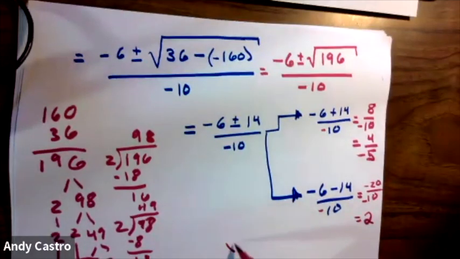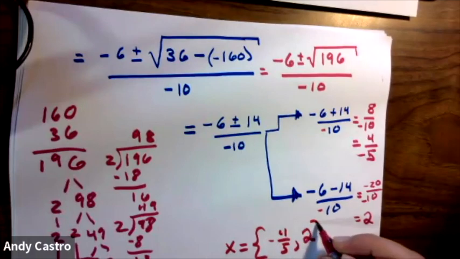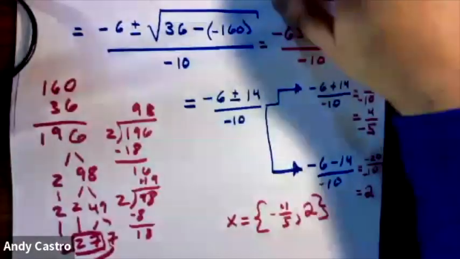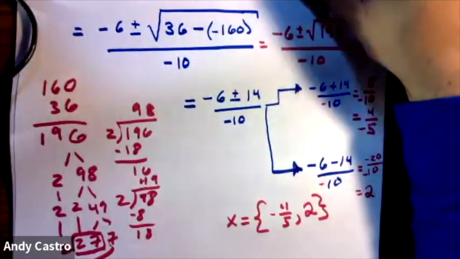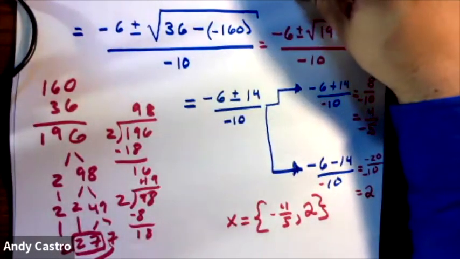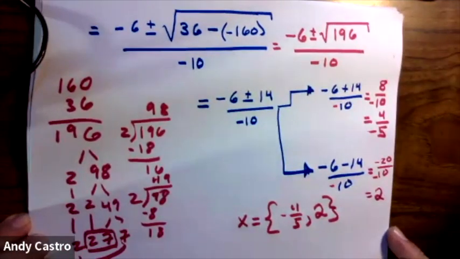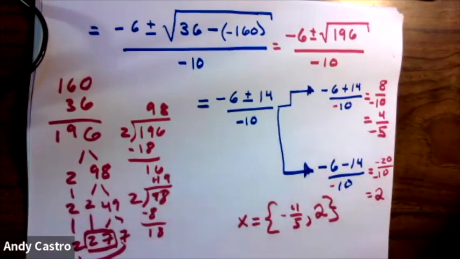So the answer here for x would be -4 over 5, comma, +2. Let me just double check that. Well, it gave me the discriminant, and I was right about that. Okay. Very good.